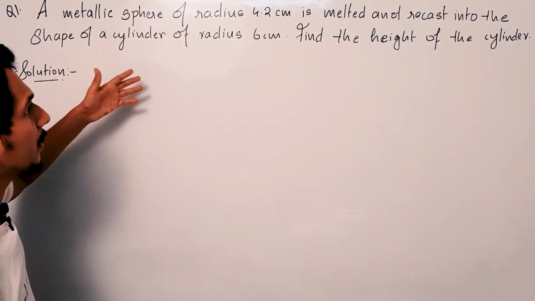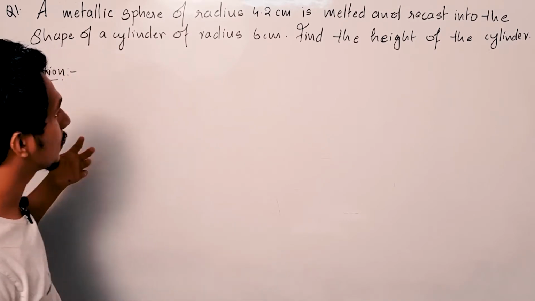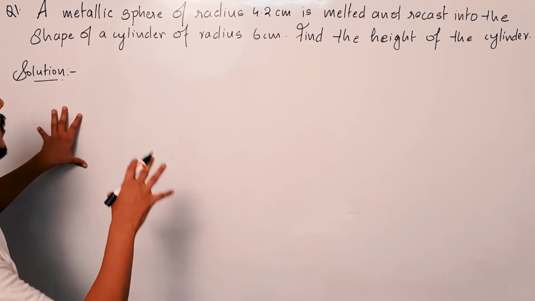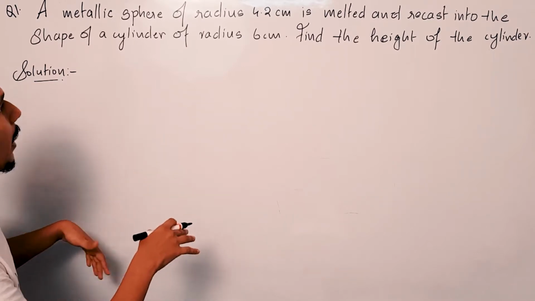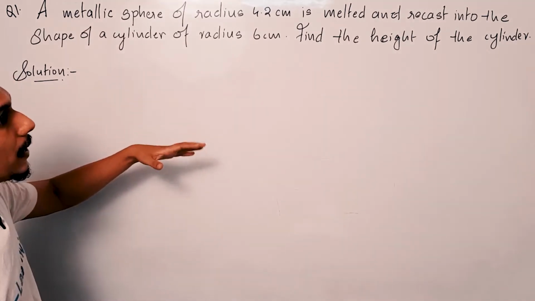A metallic sphere of radius 4.2 centimeter is melted and recast into the shape of a cylinder of radius 6 centimeter. Find the height of the cylinder. So what is given? There was a sphere. It is melted and recast into the shape of a cylinder, just like before. You have to find the height of the cylinder.